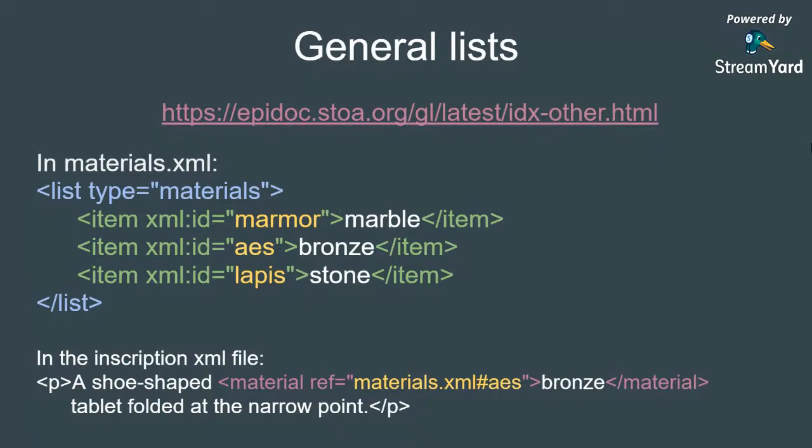So we want to see it's bronze, and we have to retrieve this information from the authority list called materials.xml. We also have another way of doing so, which we won't explore in this moment, but we can also write a piece of code saying whenever in a tag called material we have a ref with a #, please go retrieve this information in the authority list materials.xml. This makes, of course, the tagging easier and lighter, if I may.